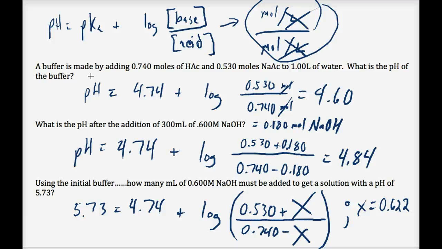I'm adding my log, with the expression 0.53 plus 0.622 in the numerator, divided by 0.74 plus 0.622 in the denominator.